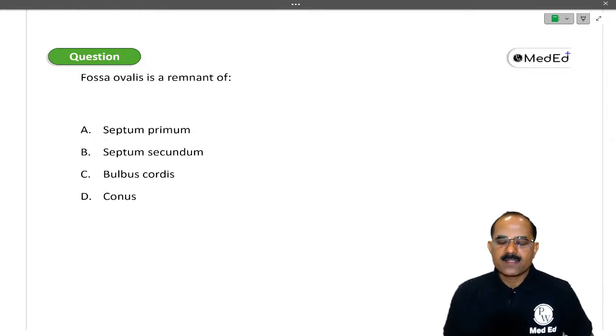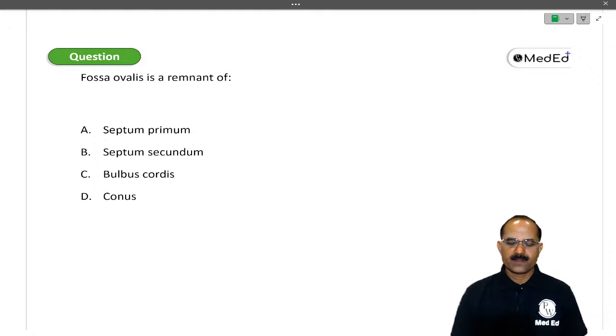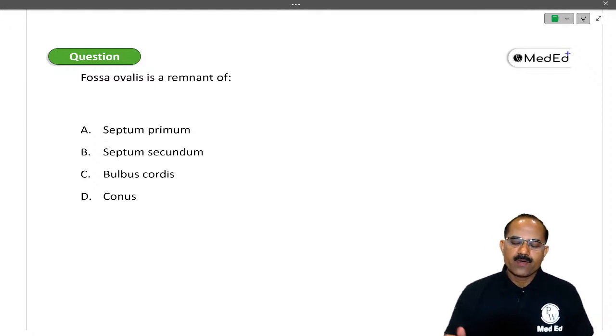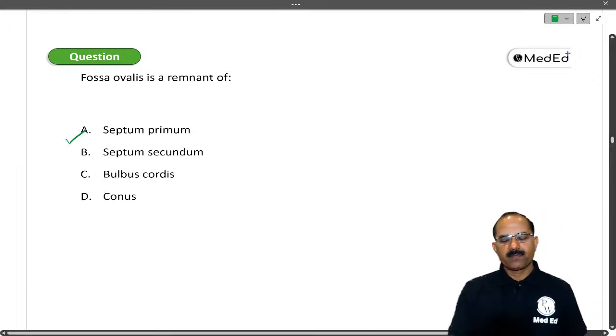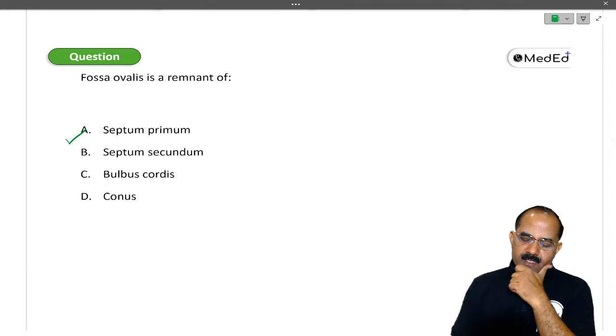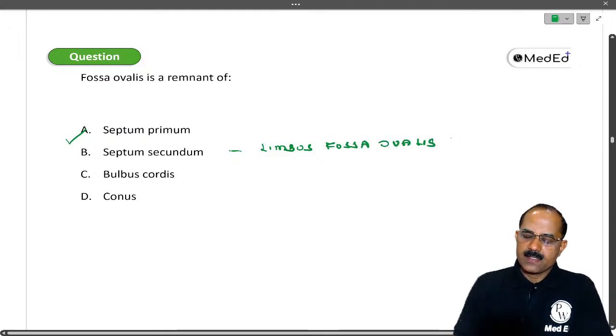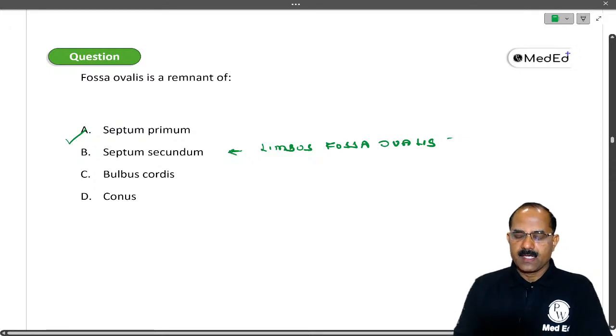Answer this. Fossa ovalis is a remnant of septum primum. Very good. And septum secundum किसका remnant है? Limbus fossa ovalis is a remnant of septum secundum.